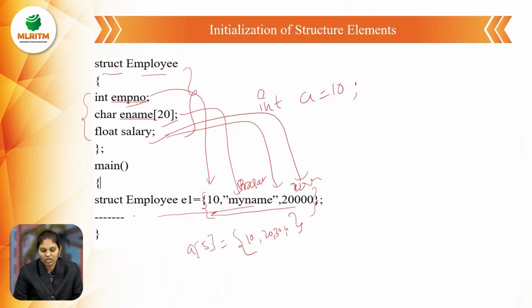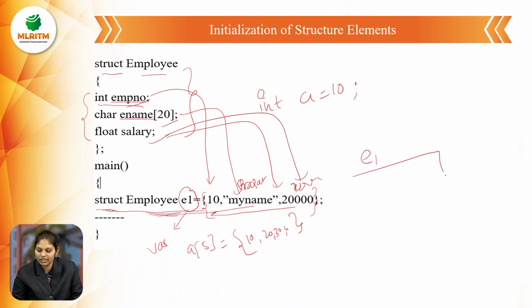In a structure also, struct employee E1, where E1 is a variable. The variable equals, and here you mention the integer, character and float: employee number 10, name and salary. You initialize the variables or data types only in this manner. The initialization of the structure element is like this: struct employee E1.